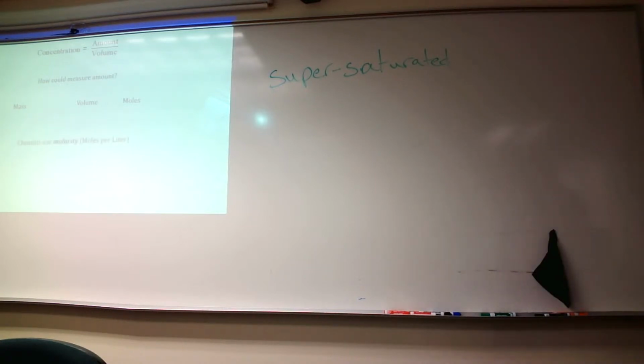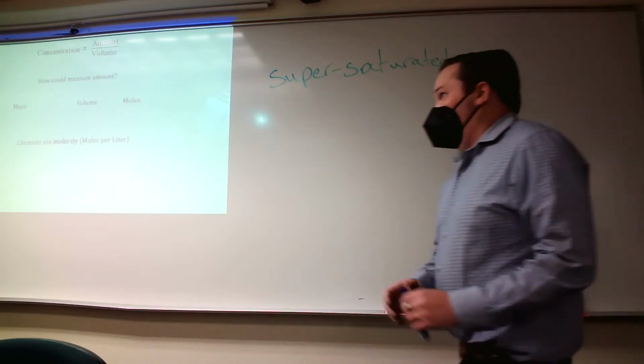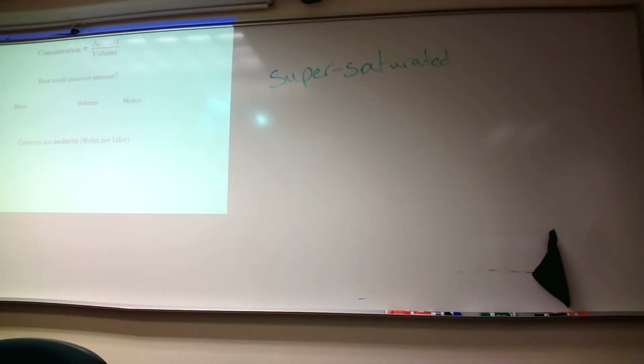I guess the question to be asked is, does the pressure change? The boiling point changes. Does that also change the pressure? So it turns out that the boiling point is when you heat it up to the point where the vapor pressure, which is the pressure of the gas above the liquid, gets high enough.